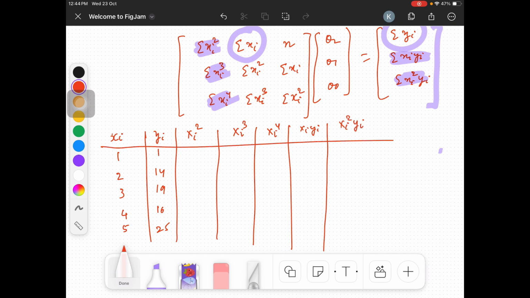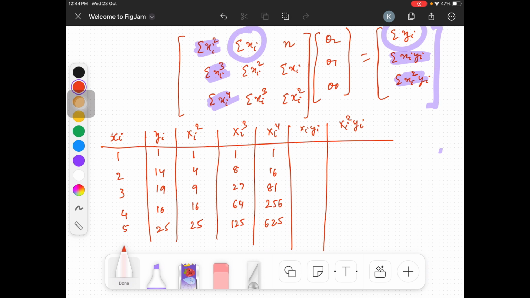What you will be doing, you will do the square here: 1, 4, 9, 16, 25. You do the cube here: 1, 8, 27, 64, 125. You do the fourth power here: 1, 16, 81, 256, 625.